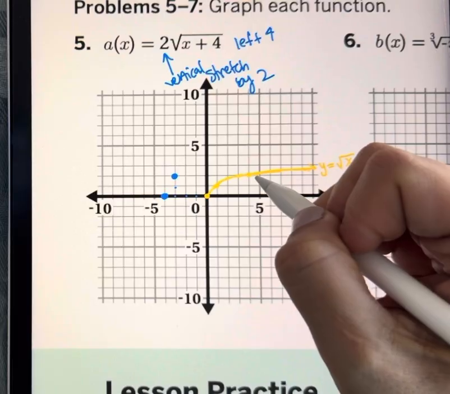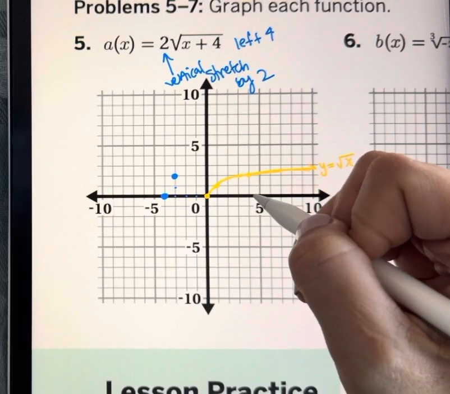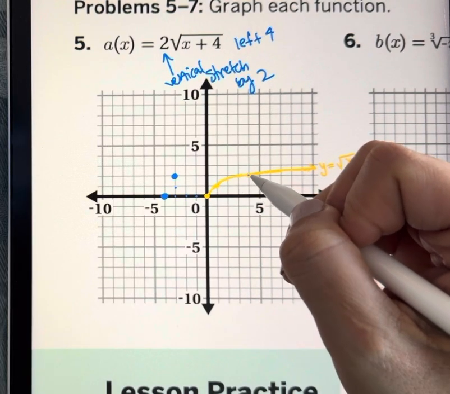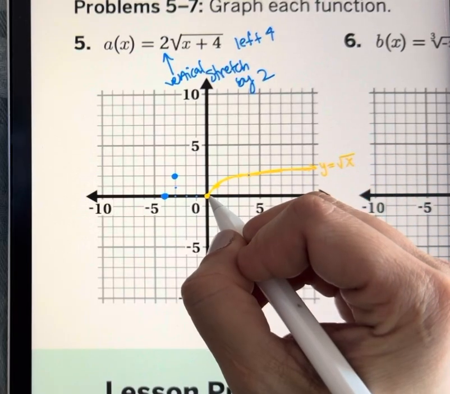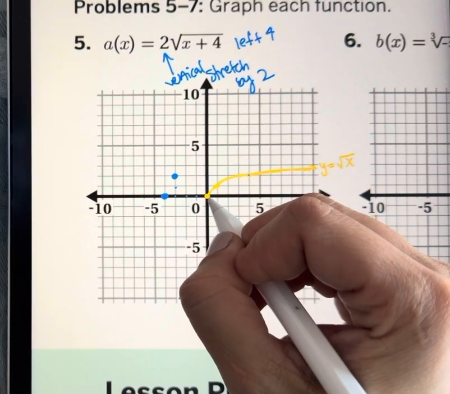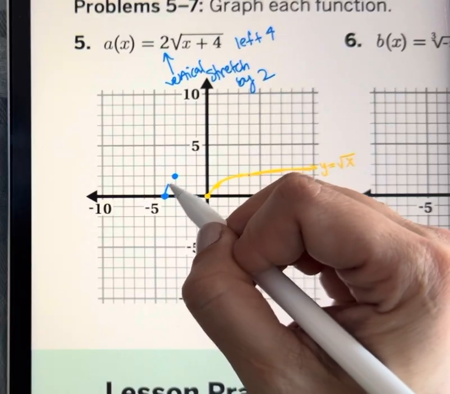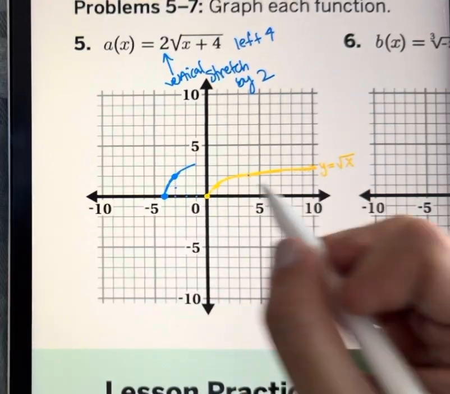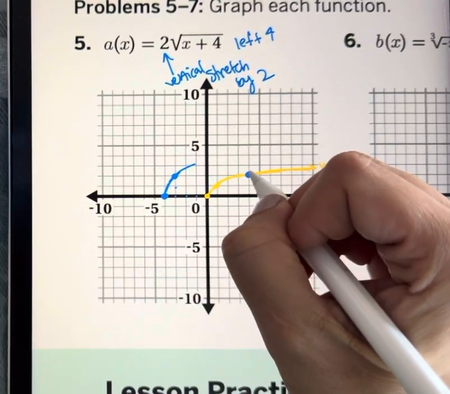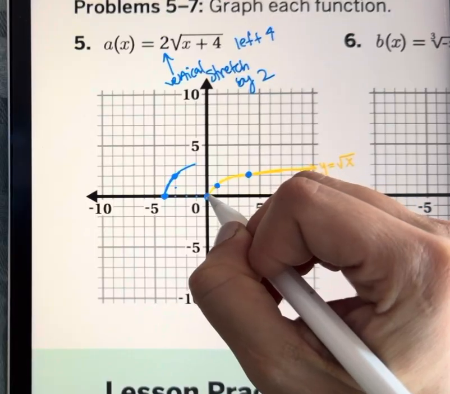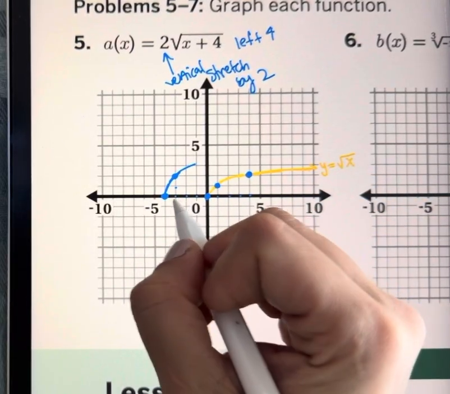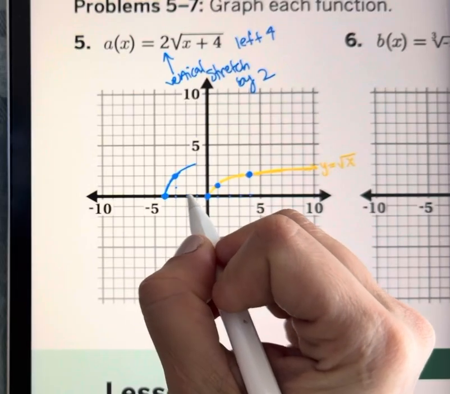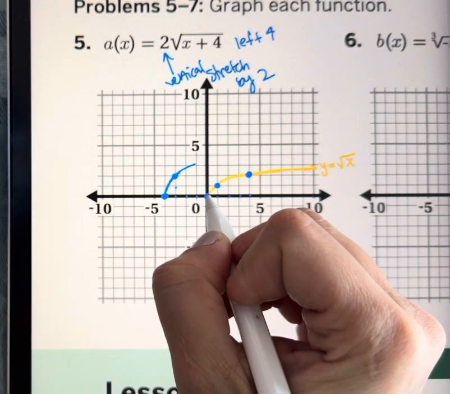And if you want to keep stretching, this one that's gone here, honestly, I'm okay with just doing this at this point. But let's get it right. Let's see where this point ends up. This point is 1, 2, 3, 4 over from the starting point.